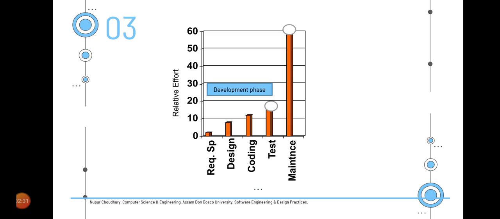If we plot the effort graph for a typical project, we will see that the maintenance requires much more effort, followed by the testing phase, as shown in this plot. Thus, among the development phases, the testing phase requires the largest effort, followed by coding, then design, and finally requirement specification.